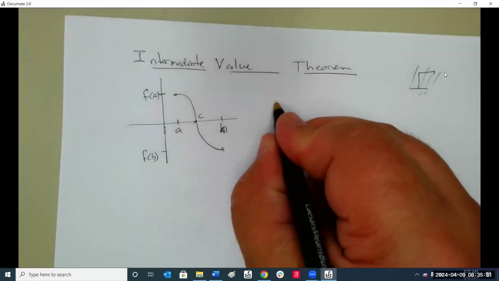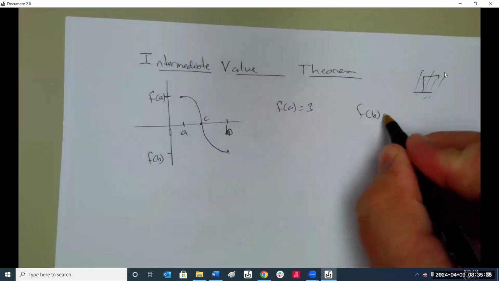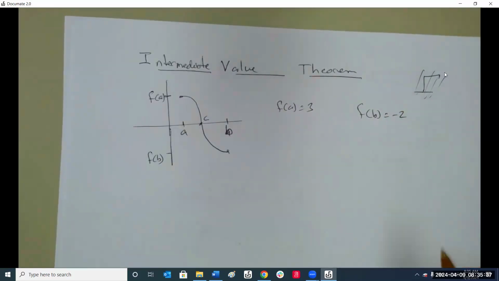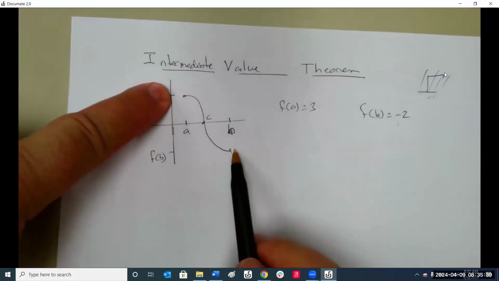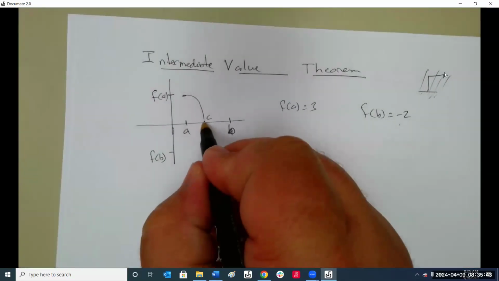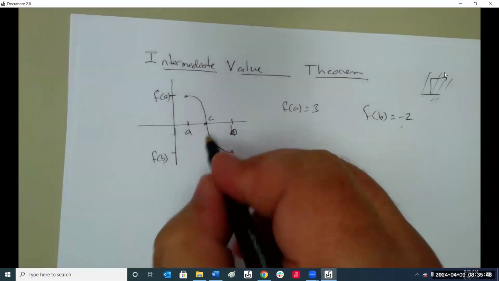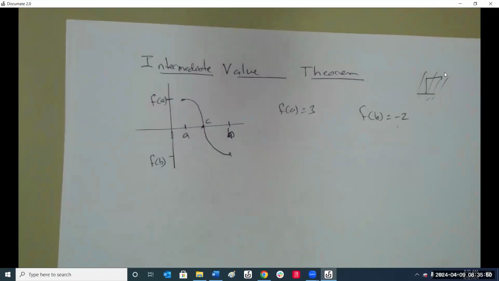So if my f of A, let's say, was 3 and f of B was -2, because these are on opposite sides of the x-axis and it's a continuous function, then there has to be a C value somewhere between there, at least 1 where it equals 0. So what we could have done is use the intermediate value theorem and start finding values where it gives us opposite signs.